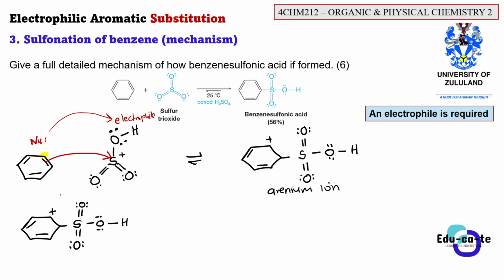We can just draw a structure something like this, just down here. So this is our O that has the negative formal charge. Remember, it has an extra pair of electrons. Then this is our S, and then this is our O, a double bond O again there. Then on this side, we have OH.